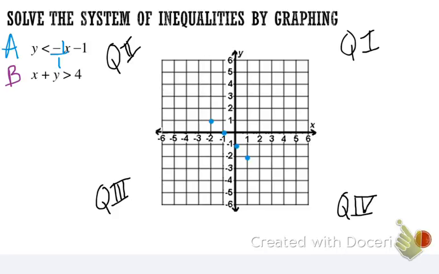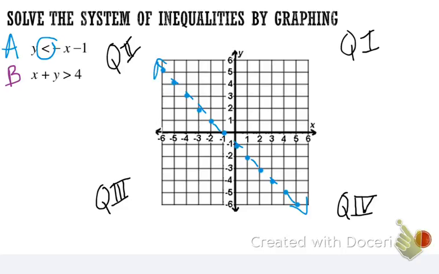Okay, keep going with the same pattern, and you should end up with the negative line because you have a negative slope. Now, this inequality has a less than symbol, so first of all, you have a solid line, not a dashed line.